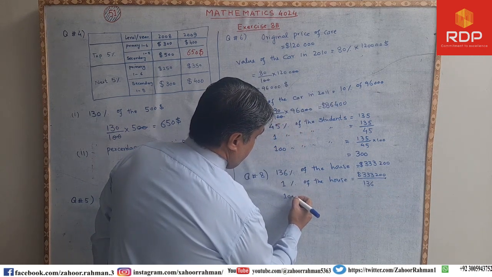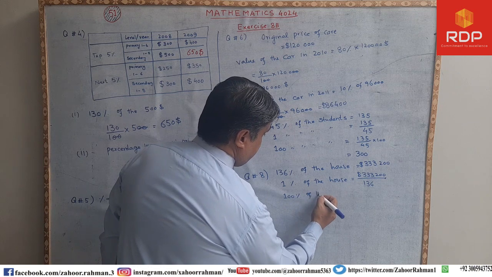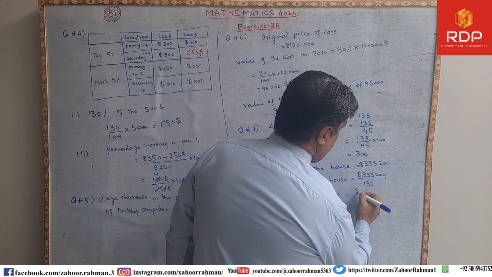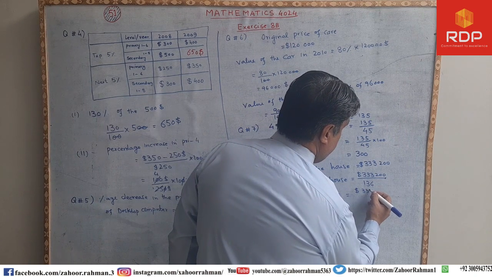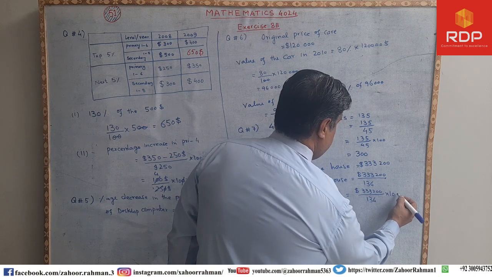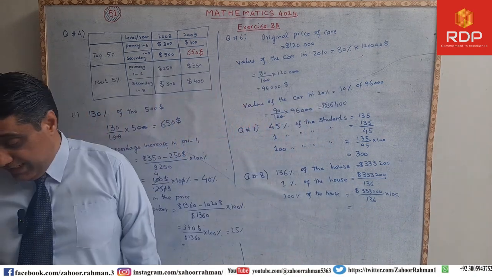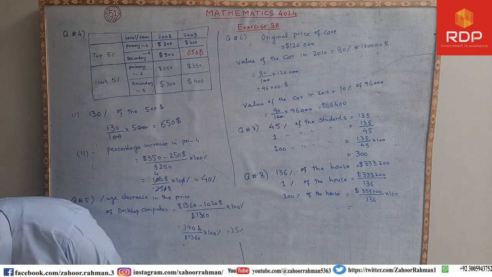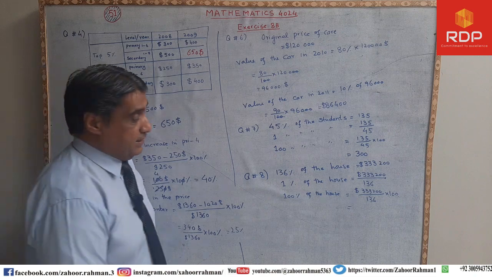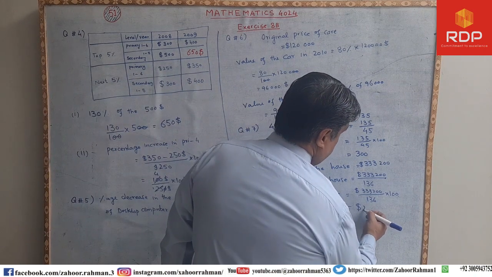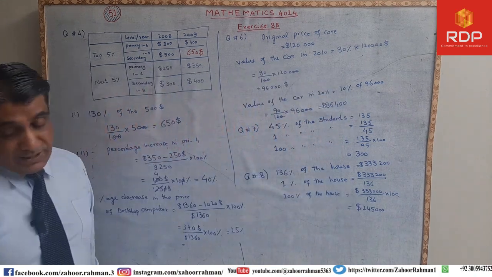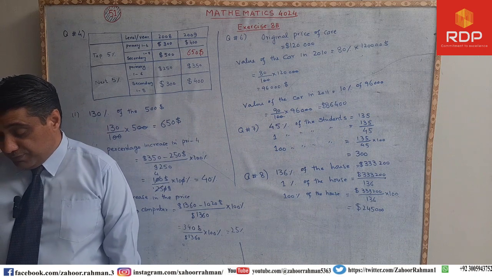Now if we want 100% of the house value when it was built, the only thing we have to do is to multiply these values by 100, and when we calculate it by the calculator we will get $245,000. $245,000 will be the value of this.